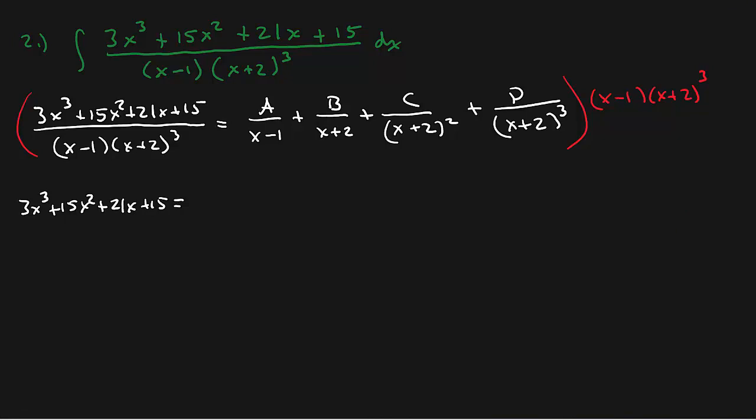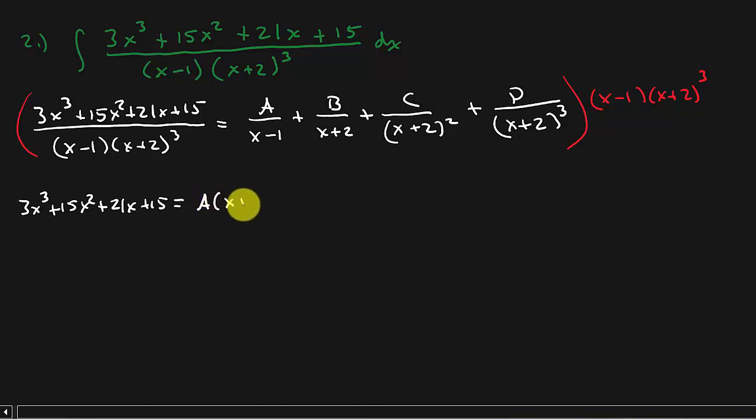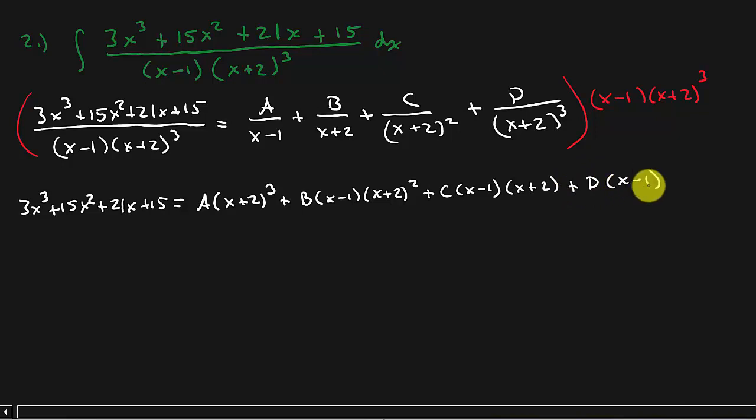Don't ask me why I was sitting there thinking it was a over x. It's a over x minus 1. So I multiply by this. This is going to leave me with a times x plus 2 cubed plus b times x minus 1 times x plus 2 squared plus c times x minus 1 times x plus 2 plus d times x minus 1.